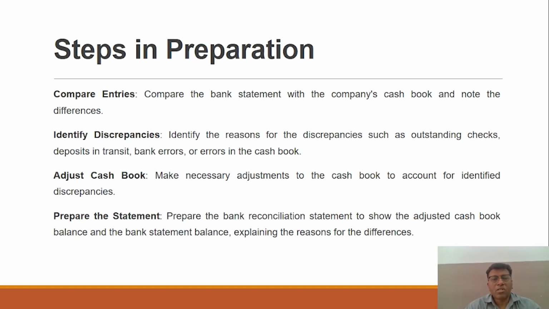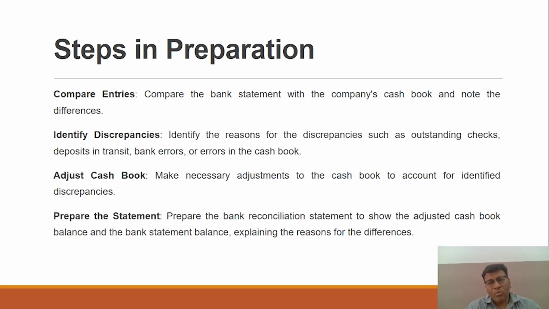So it is a must to know that you have to adjust the cash book first, and then prepare the statement. After that, you have to prepare the bank reconciliation statement to show the adjusted cash book balance and the bank statement balance, right? And it would be explaining the reasons for the differences. So these are the steps to be kept in mind while preparing the bank reconciliation statement.